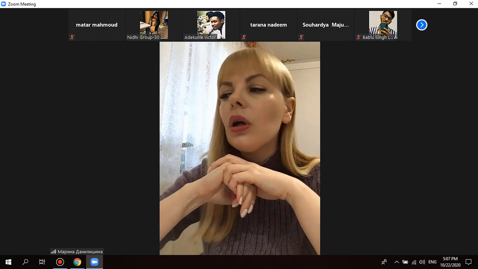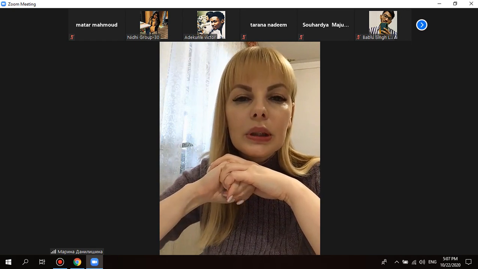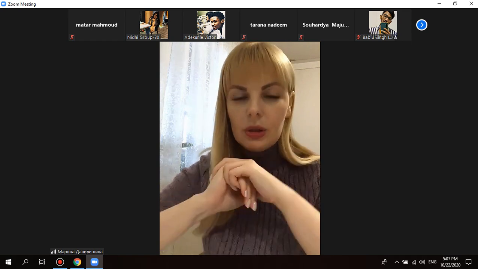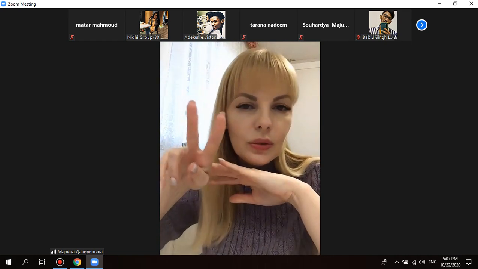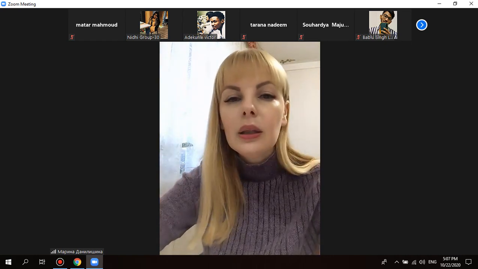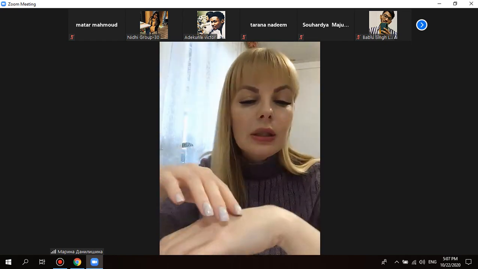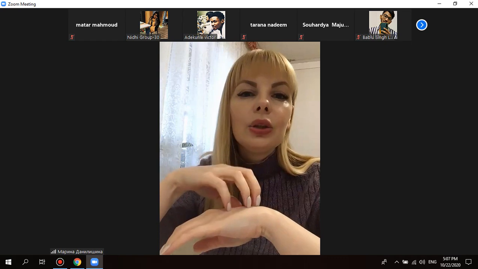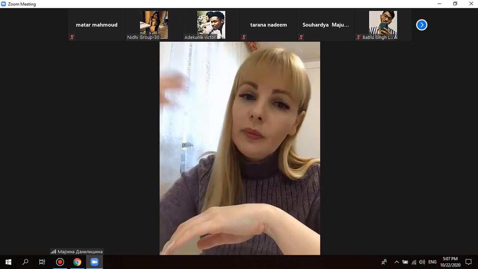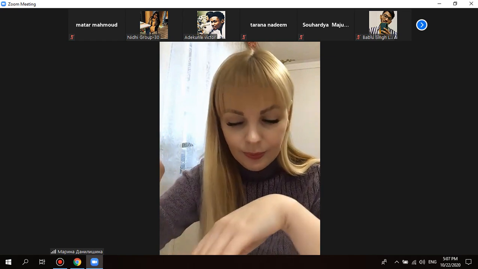Colliquative, or wet, moist necrosis. Therefore, there are two morphological kinds of necrosis: dry and wet. Because macroscopically, we can see that in some pathology dead tissue is dry, in another, dead tissue is wet, moist.